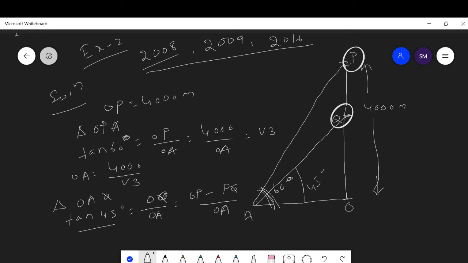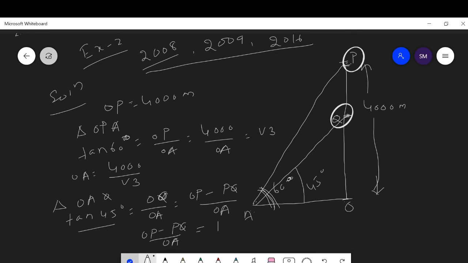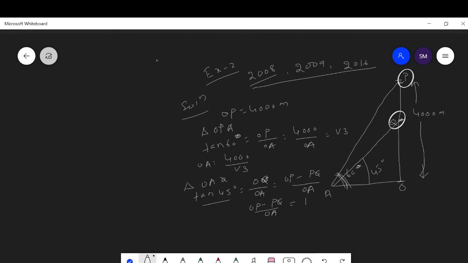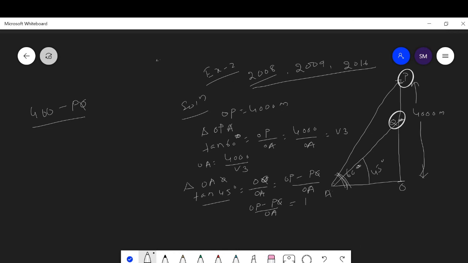Then OP minus PQ upon OA is equal to 1. Let us keep it here and solve. OP is equal to 4000, so 4000 minus PQ upon OA is equal to 1.